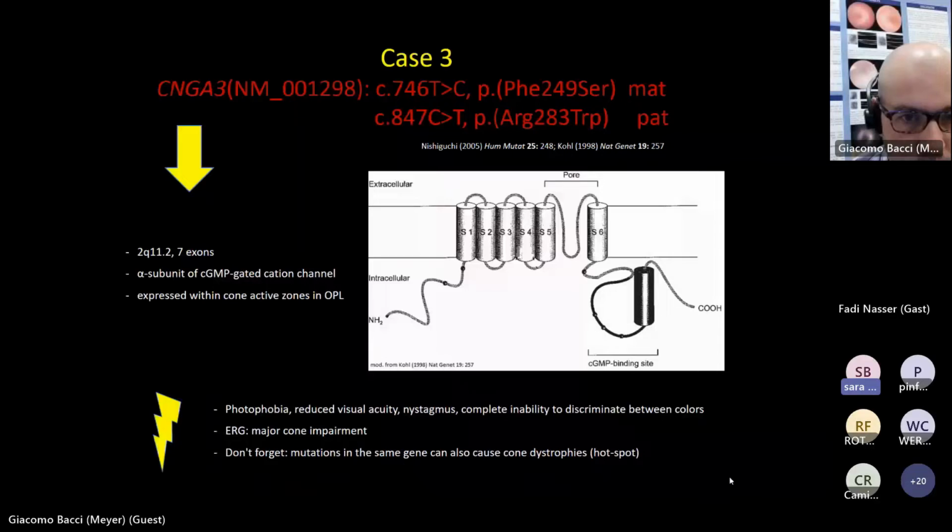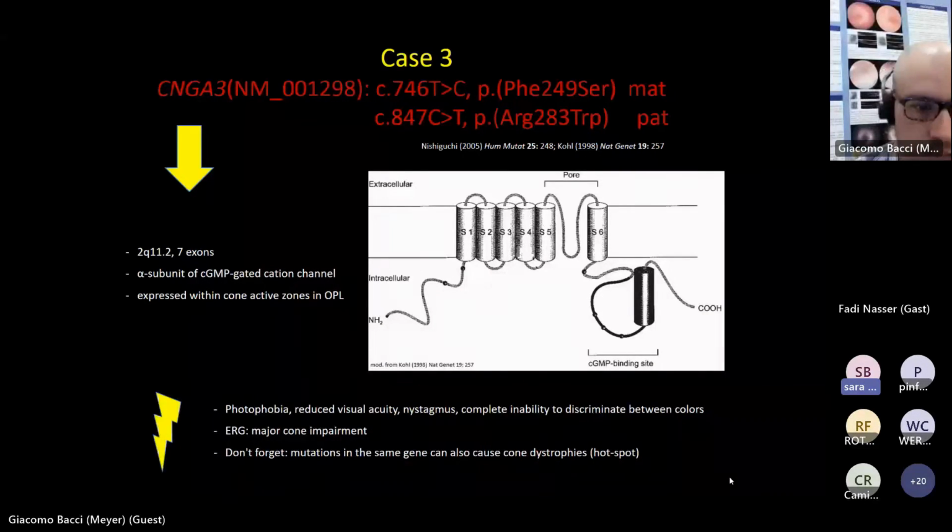CNGA3 is a really short gene, and it encodes a cation channel protein that is expressed mainly in the cones. And these patients, as you know, show mainly photophobia, reduced visual acuity, nystagmus, and inability to discriminate between colors.